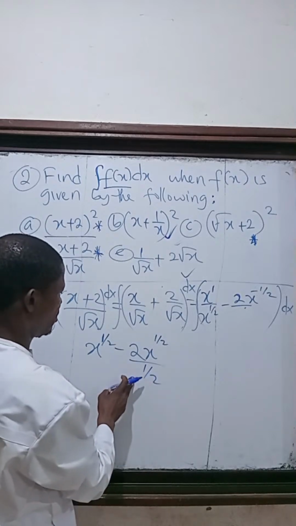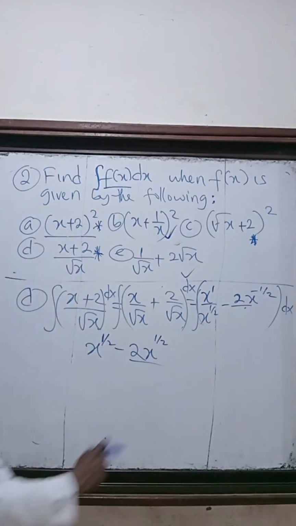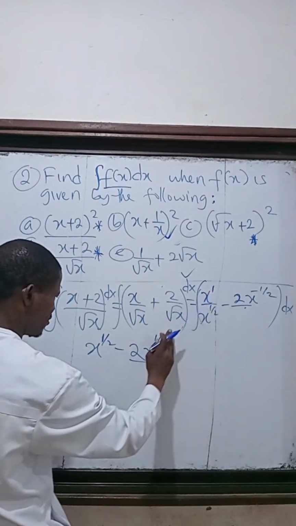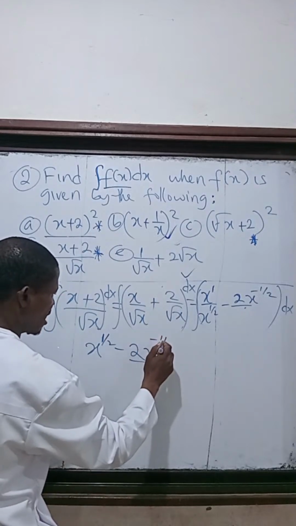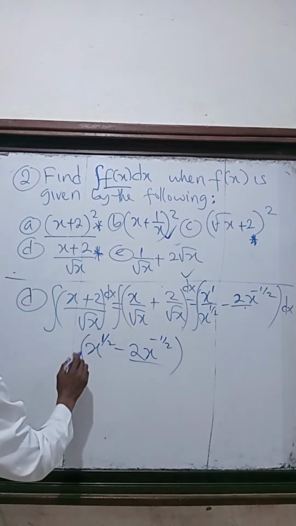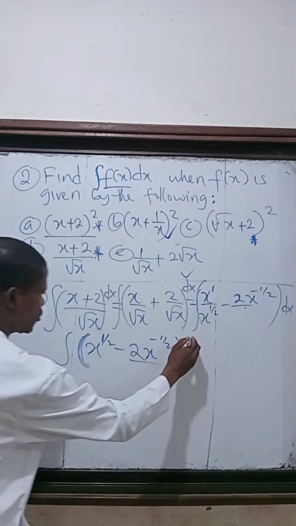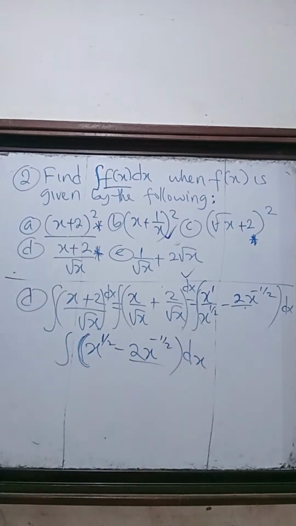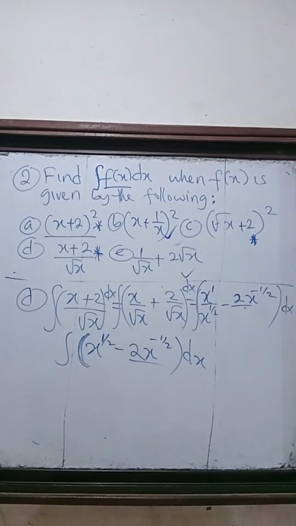Let's do the algebra first. This is x to the power minus half. This is your brackets. So I've finished the algebra now. Do the algebra first before the final integration.